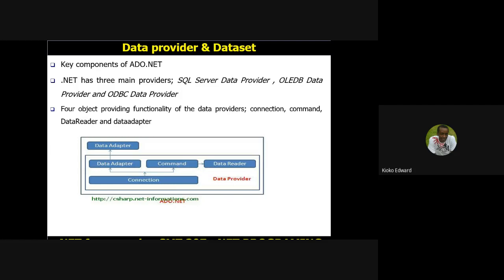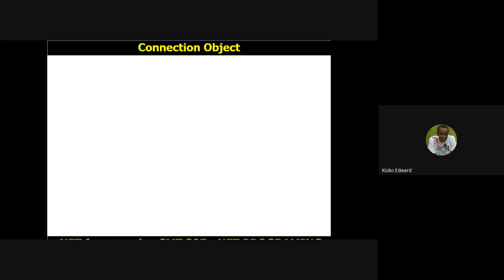And we said the data adapter will be present in an object we call the dataset. So we look at this in a few minutes. I just hope we shall have the time we need to look at all these objects.